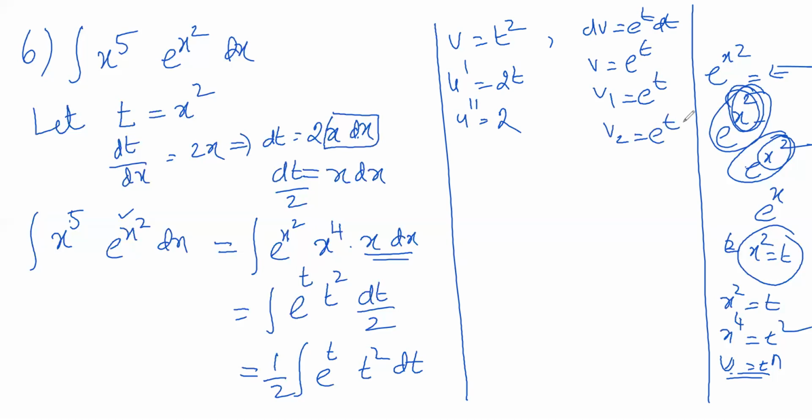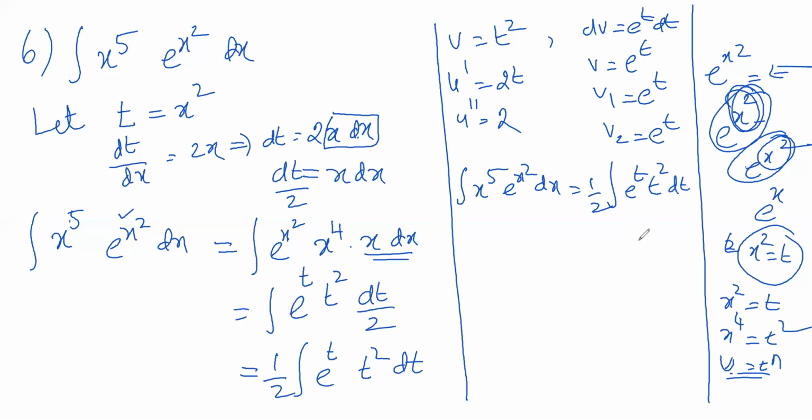Now coming to the problem: integral x power 5 e power x squared dx, we have taken as 1 by 2 into integral of t squared e power t dt.